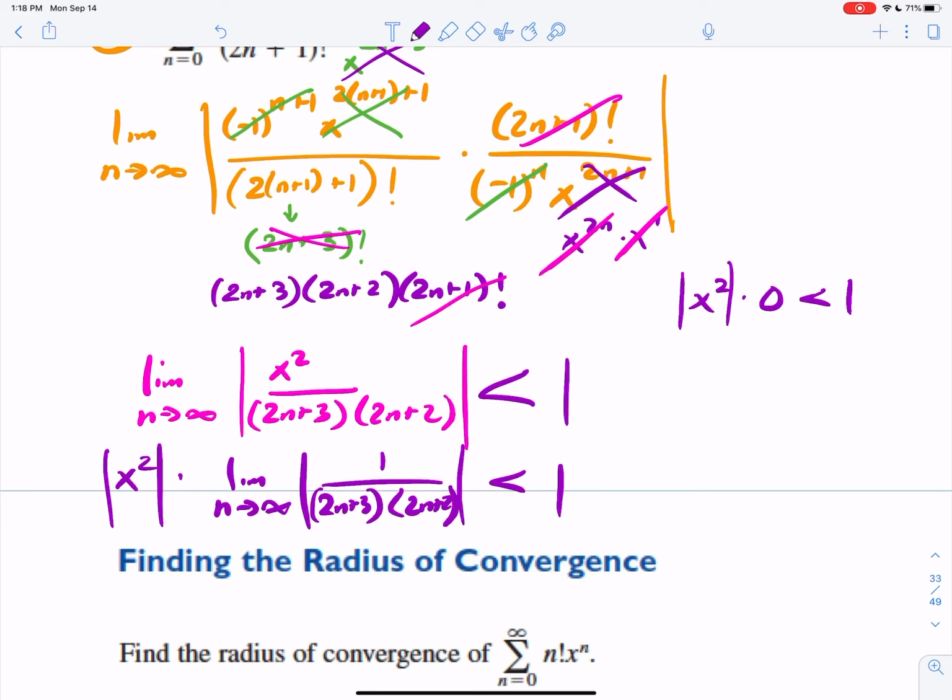It's all real numbers. Okay, you could also write all real numbers if you wanted to. Because if x was -5 or -10 or positive 42, that limit will still come out less than 1, implying that the series will converge by the ratio test. Okay, so this is one of those rare cases where the limit comes out to 0 and then you're using the entire number line there.